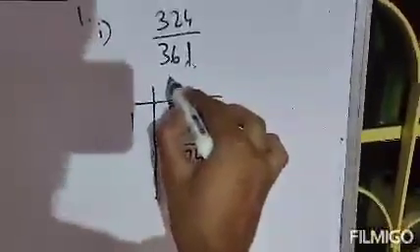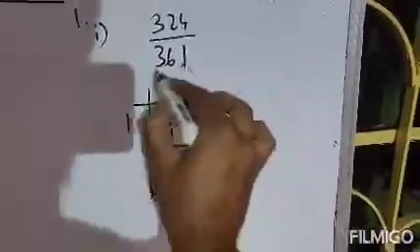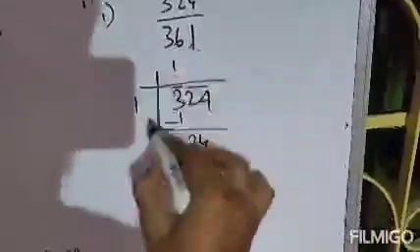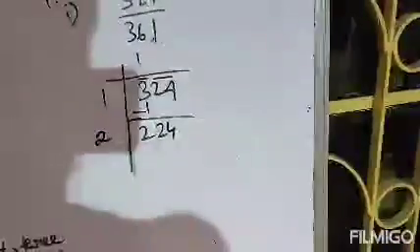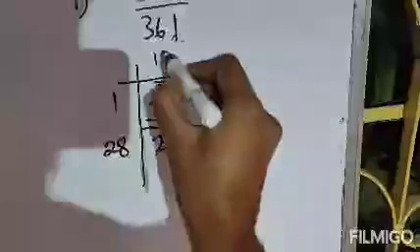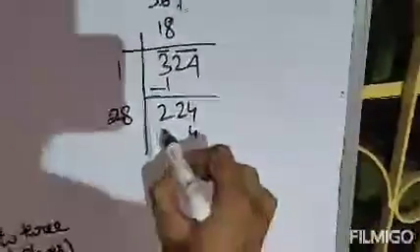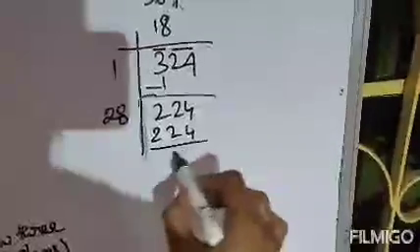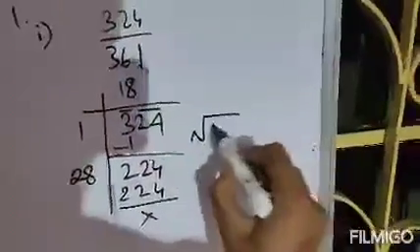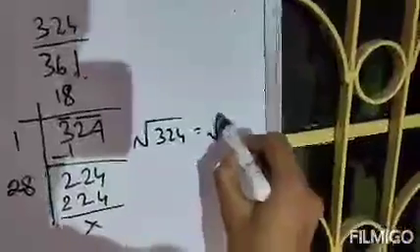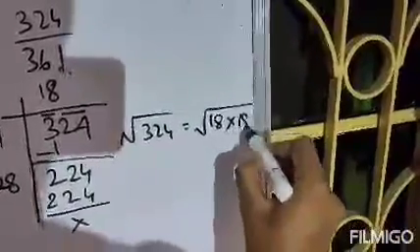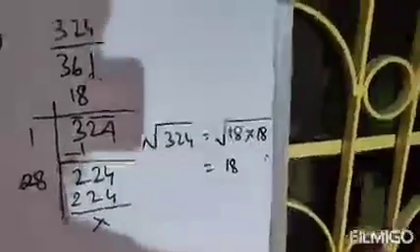This is the quotient, and it will be multiplied by 2. That means 1 2s are 2. Next 8, this is 8. 8 8s are 64, carry 6, 8 2s are 16 and 6 are 22. So your answer is 18. Therefore the square root of 324 equals 18 into 18, that means this gives you 18.